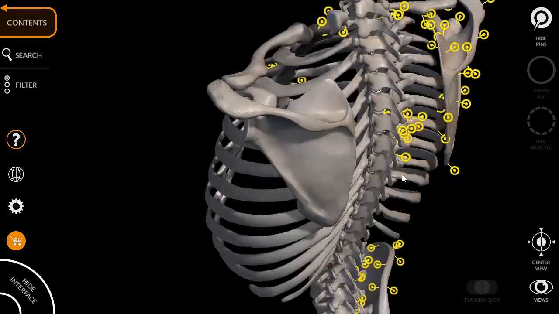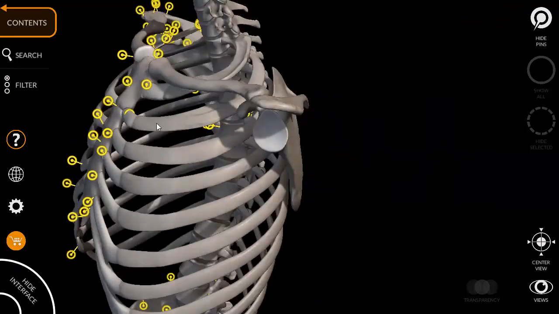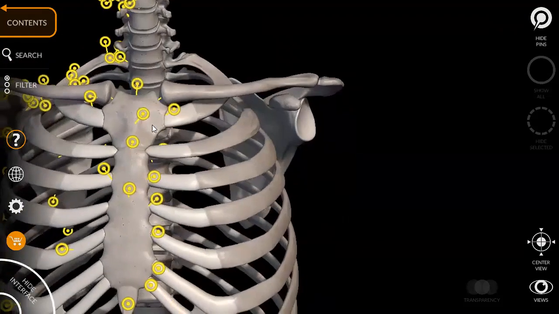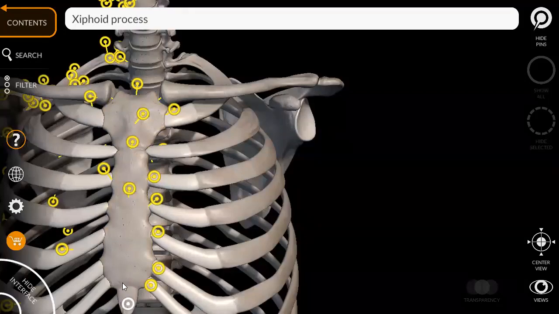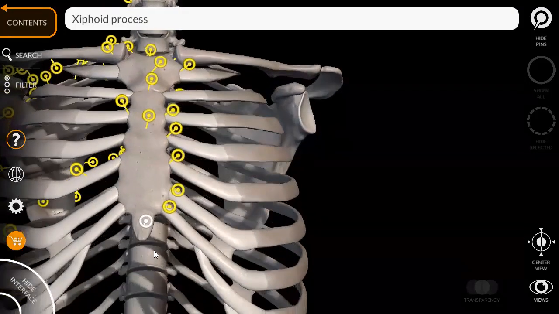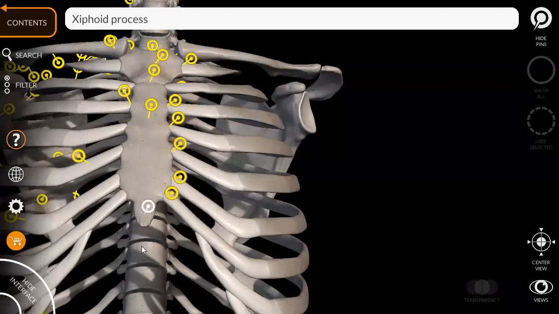Before that, I would just introduce every bone in a basic step. This one is called the sternum, and it has a xiphoid process right here. The xiphoid process is important for your abdominal muscles, your tummy.